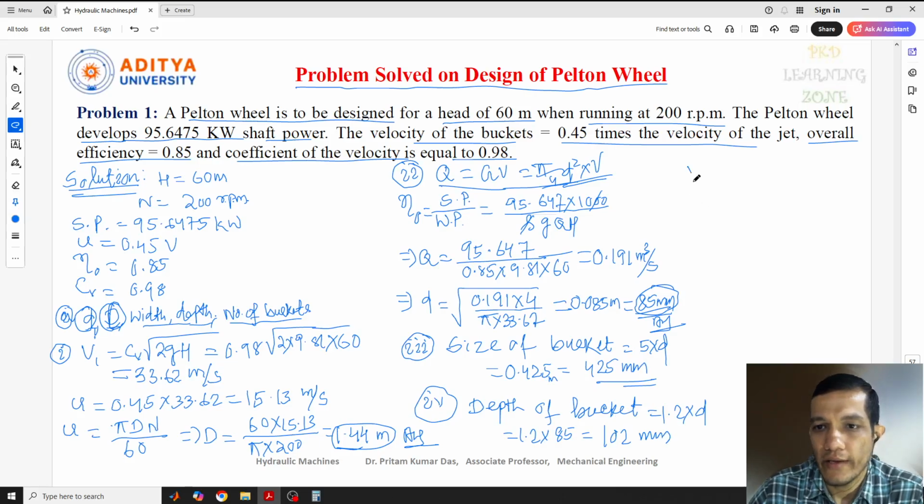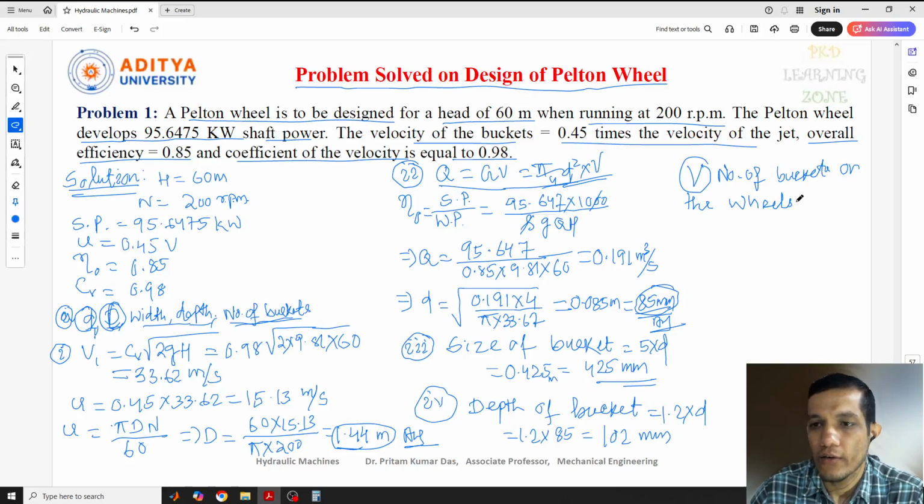And the final one we need to calculate, as I told you, is the number of buckets. The number of buckets on the wheel, that means how many buckets will be fixed on the wheel, can also be calculated.